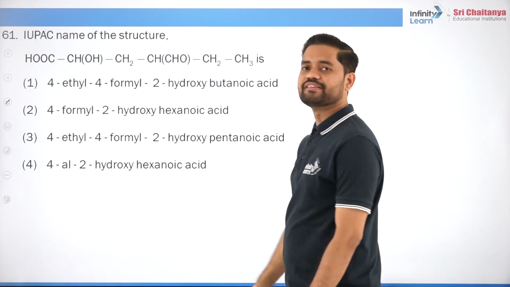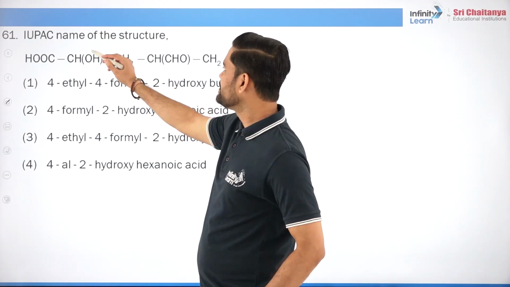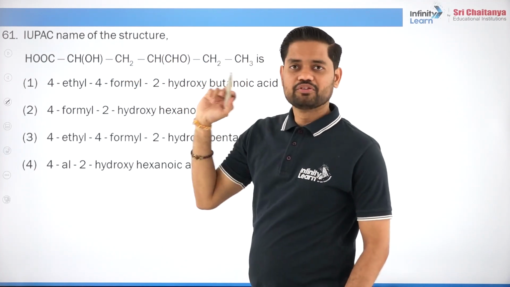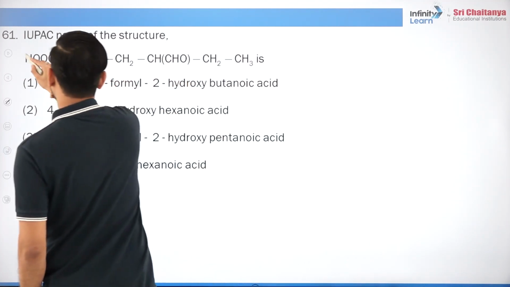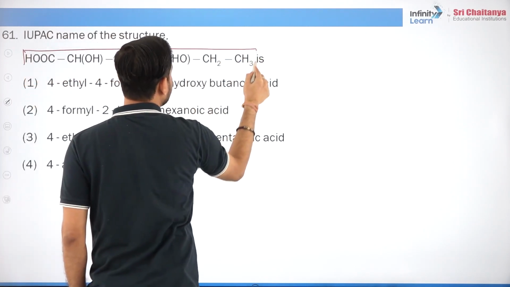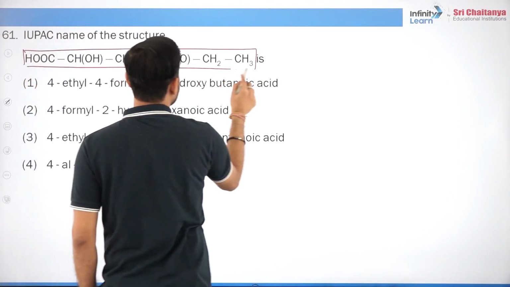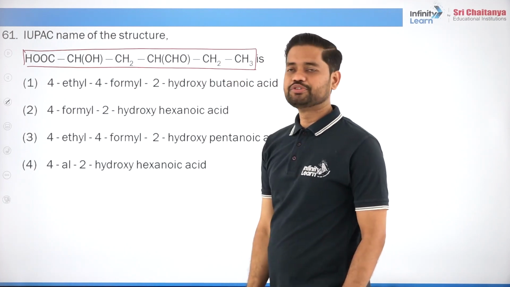Okay, talking about 61. The IUPAC name of the following structure. So let us select the longest chain. It's a straight chain, I can clearly select this. There are two substituents over here.